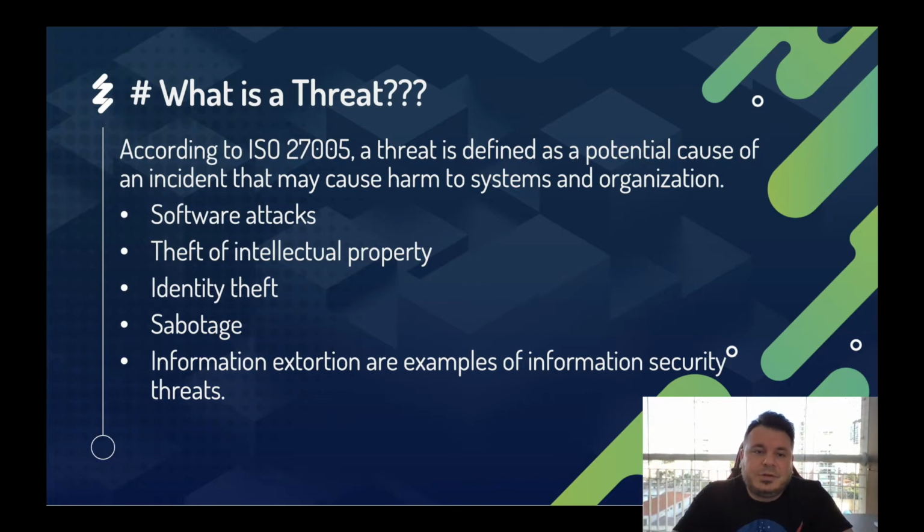It means everything is related to software. So when you have a software attack, it is a threat, right? And of course, when you produce something, when you are a software house, for example, and you have theft of intellectual property or identity theft, it is related to a threat. So all those three are threats.